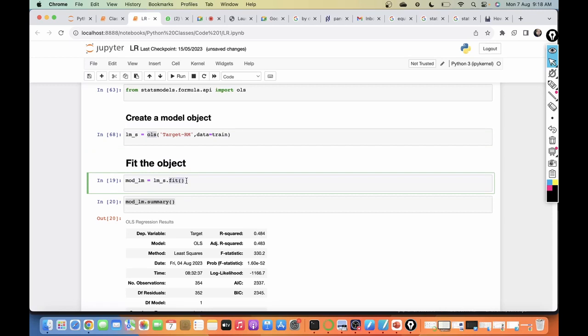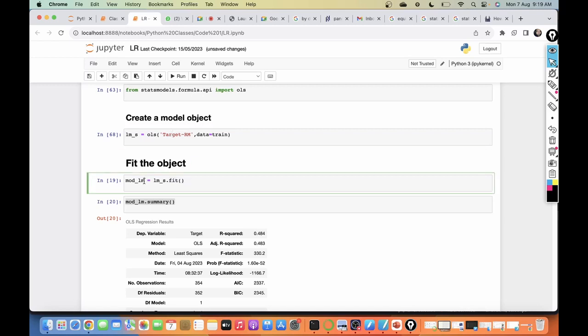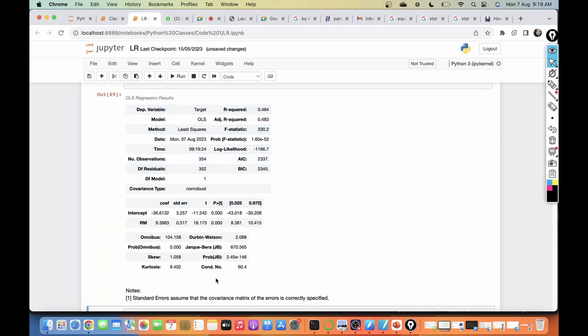The fit will basically find all the patterns between the target and the independent variable, and we have stored all those values into model underscore lm. Now model underscore lm is the fit value of this model. So now if you do dot summary on this one, you will see a lot of deep insights from this OLS method. So now let's deep dive into that.